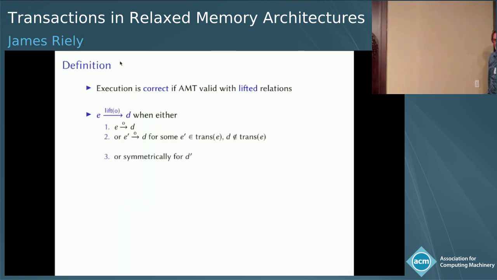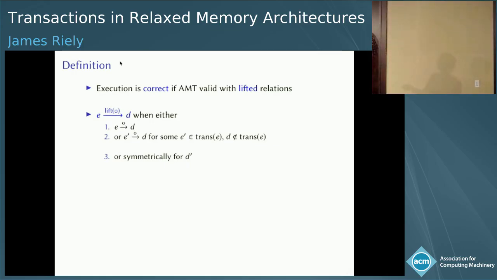All right. The basic definition is that we're going to say that an execution with transactions is correct if it's valid under the AMT axioms, assuming some lifted relations. So we're going to lift this relation O between E and D, where E is a transactional event.